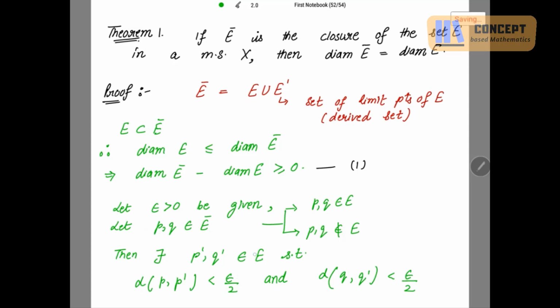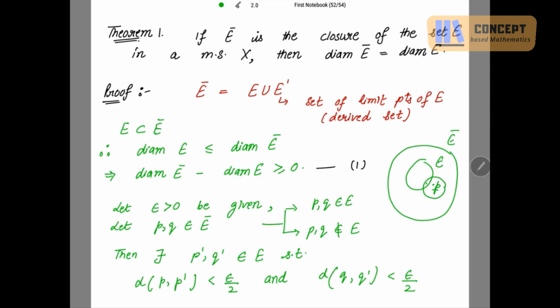Whether P is present in E or not, my distance can always be strictly less than epsilon by 2, because if P does not belong to E, that means P is a limit point of E. And with the definition of the limit point of E, if P is a limit point of E, then there exists a neighborhood of P which contains a point of E other than this P, right? And also this E is contained in E bar.